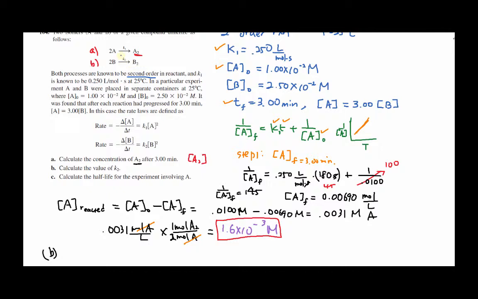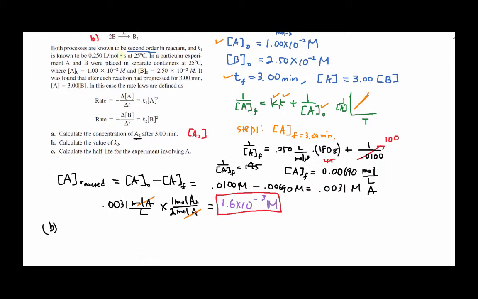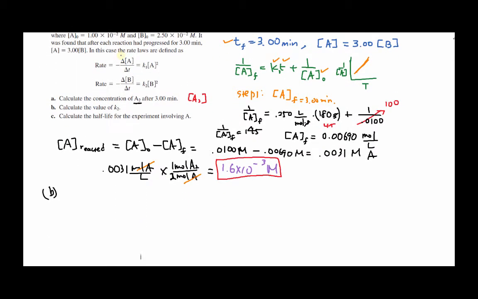Okay, so let's write down the second order reaction for our second equation. So I'm going to define it as 1 over B at t equals 3 equals k2 t, which is at 3 again. I'm going to plug that in later. Plus 1 over initial concentration of B.